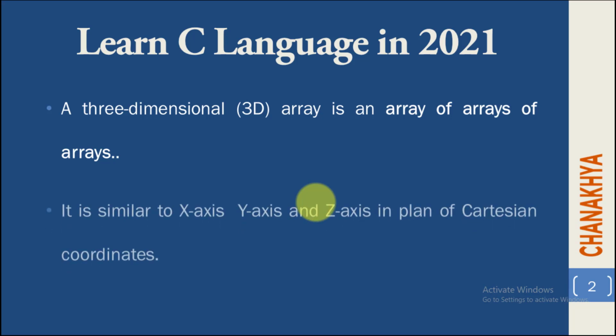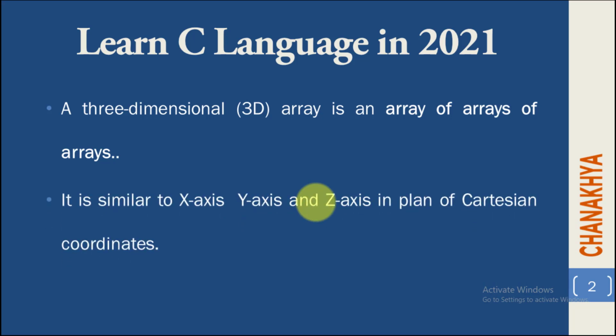It is similar to the x-axis, y-axis and z-axis plane of the Cartesian coordinates. In simple language, if we try to understand two-dimensional and three-dimensional arrays: a two-dimensional array is on a single floor, like a building without any stories, having only one floor, the ground floor.